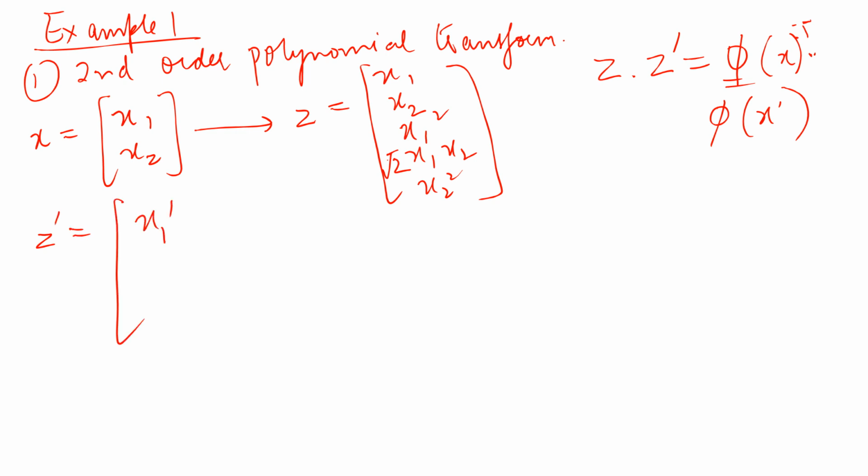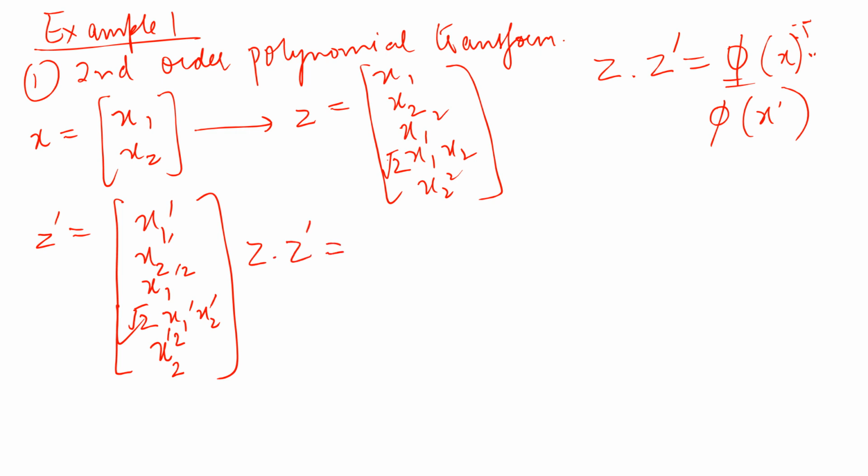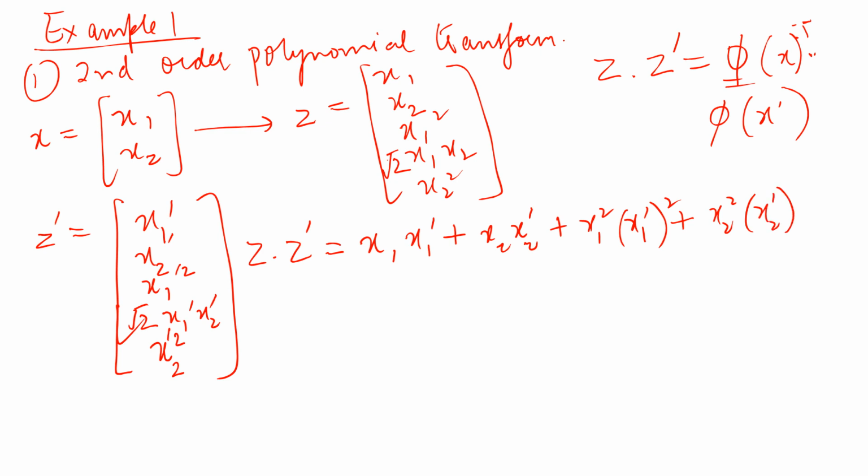So essentially x1 prime, x2 prime, and then x1 prime squared, and then square root 2 x1 prime x2 prime, and then x2 prime squared. So when we are computing my z dot z prime, what we get is x1 x1 prime plus x2 x2 prime plus x1 squared x1 prime squared plus x2 squared x2 prime squared plus 2 times x1 x2 x1 prime x2 prime.